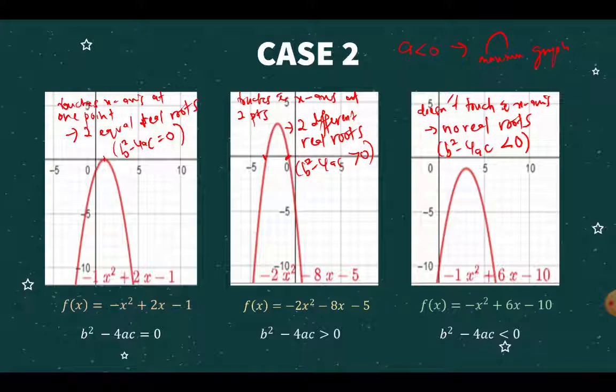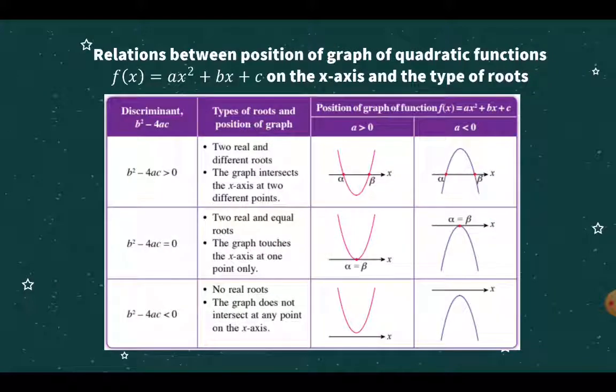So as conclusion, the relation between position of graphs of quadratic function f(x) equals ax squared plus bx plus c on the x-axis and the type of root. When b squared minus 4ac is greater than 0, when discriminant is positive, the type of root is two real and different roots.